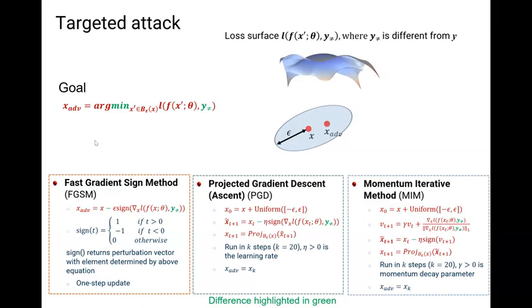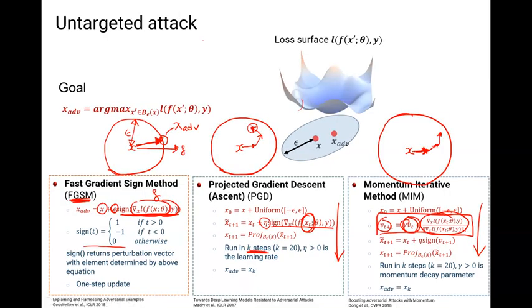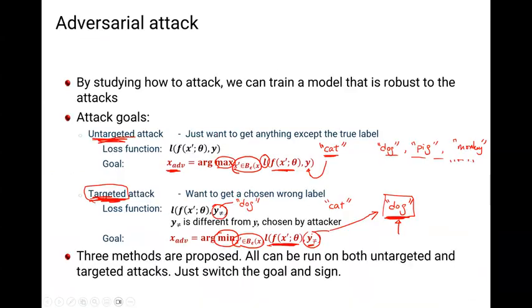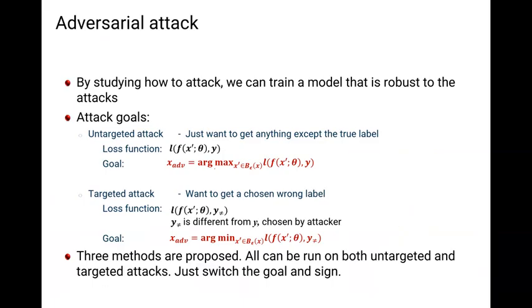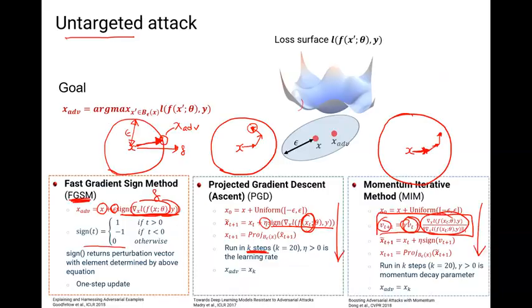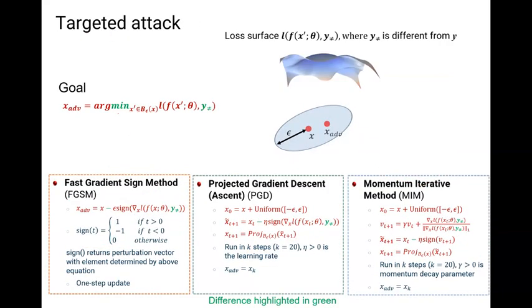Okay, so we have the targeted and untargeted attack in this slide. As I said, the targeted and untargeted are very similar. They only differ by the goal. This is why we have this green highlight, the change of the goal.